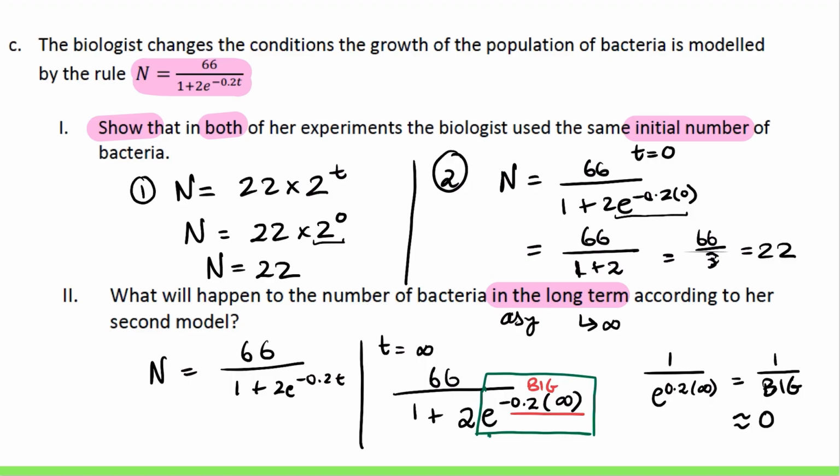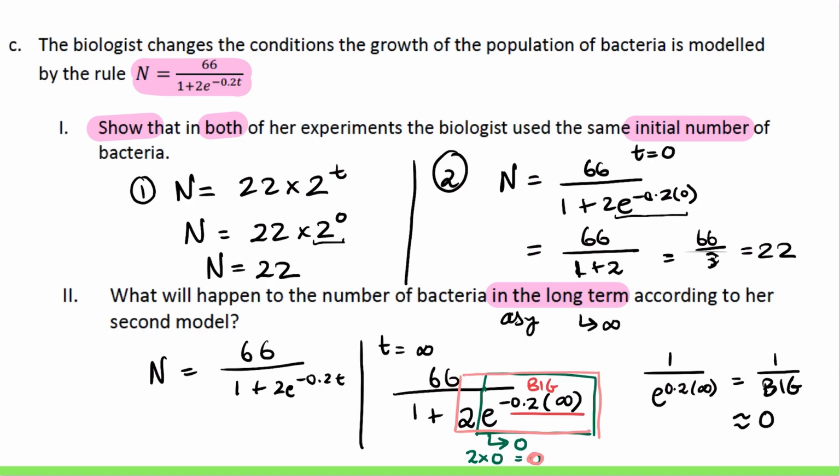So this part approaches 0. I'm not going to say it is 0, but it approaches 0. So we can say it is approximately that. If that's the case, then 2 times 0 is just going to be 0. So this whole section of the equation is going to be 0.